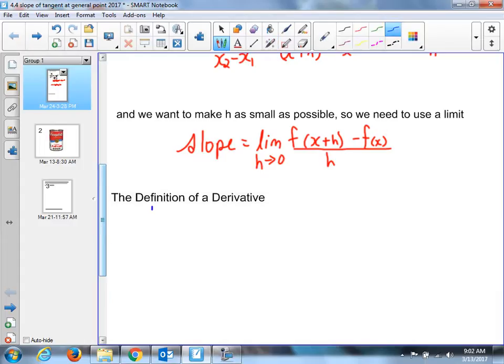Here, I'll use blue. If y is a function of x, so y equals a function of x, that just means like x squared minus 3x, right?